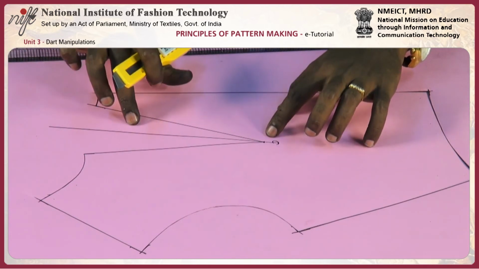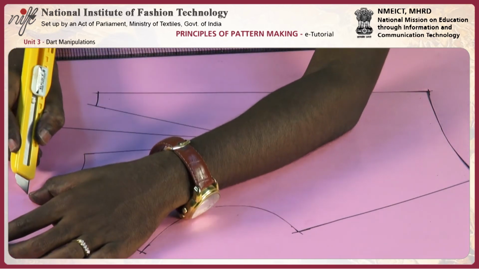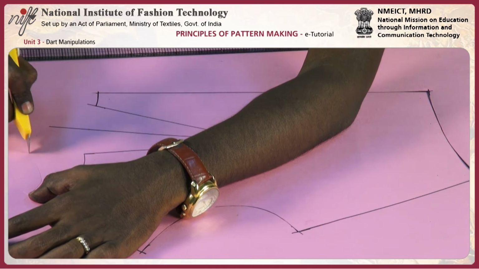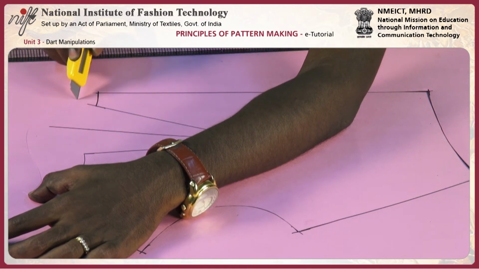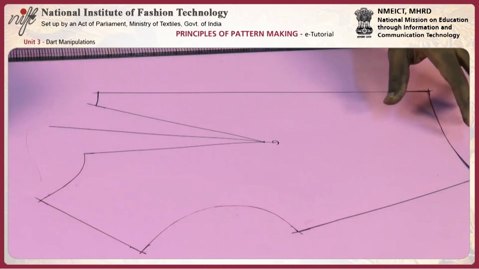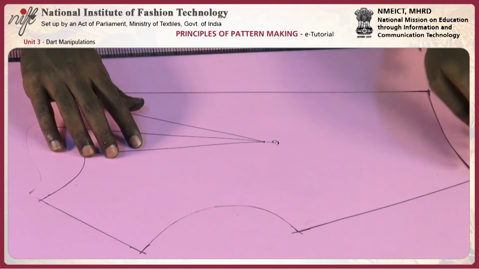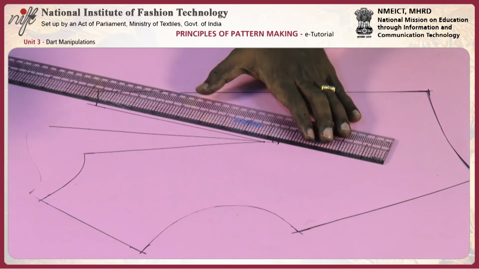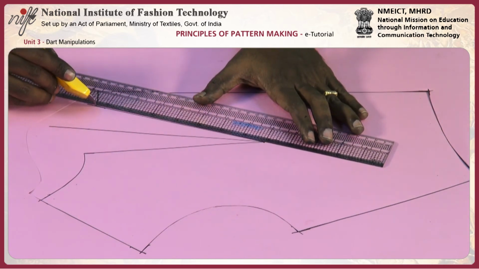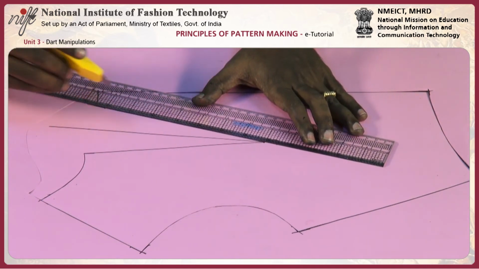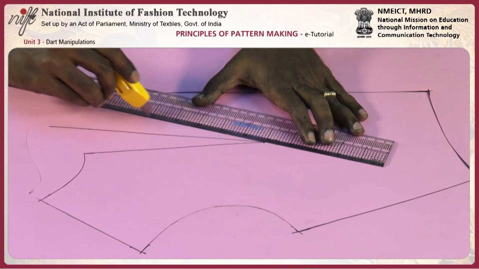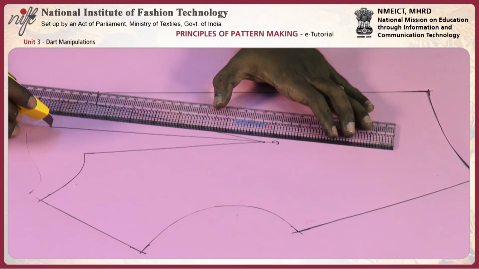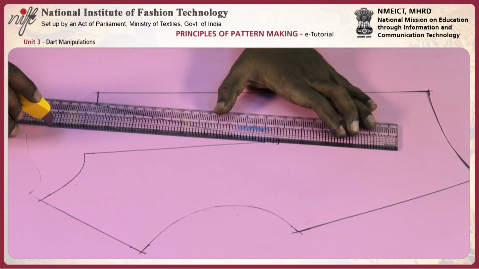We have to true the dot, so give additional space here. Crease the dot which is nearer to the center front. Crease the center of the dot.